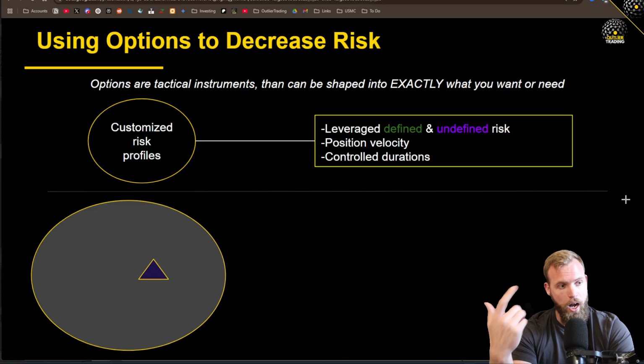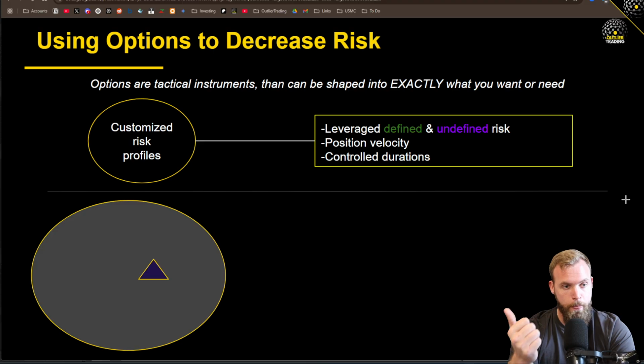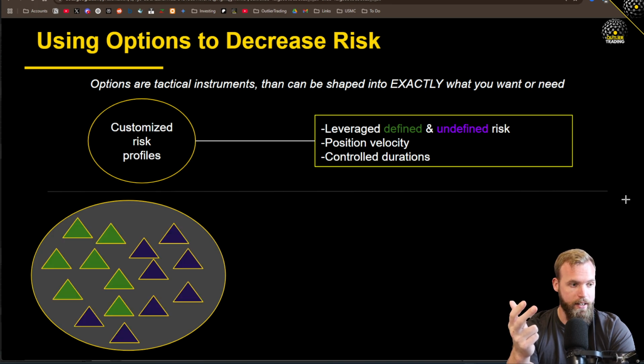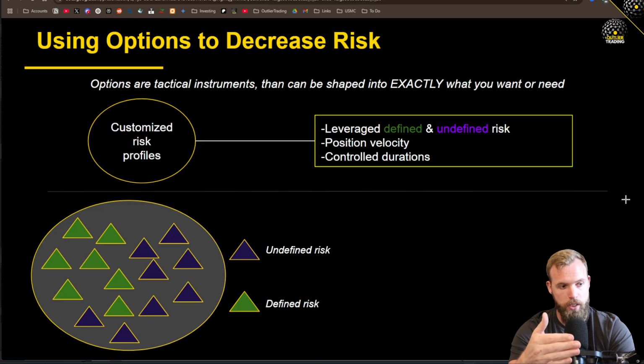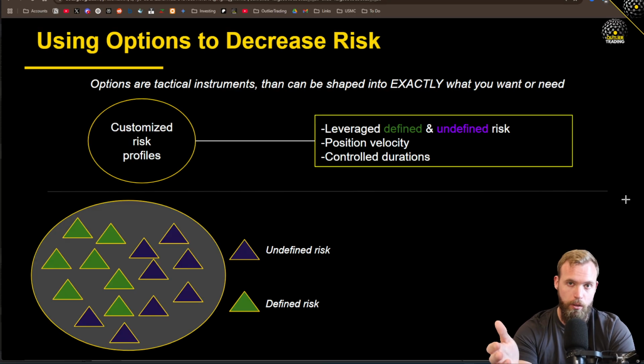Now, if we talk about options, we know that they definitely provide leverage if you want it. They can be defined risk or undefined risk trades, which is an important artifact because if you build a portfolio, you can put different kinds of risk profiles into your portfolio based on how you feel about the market.